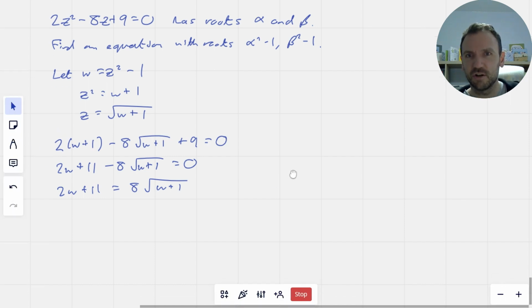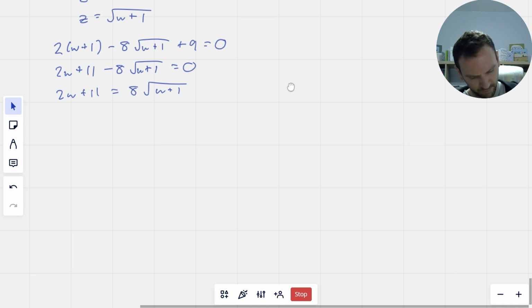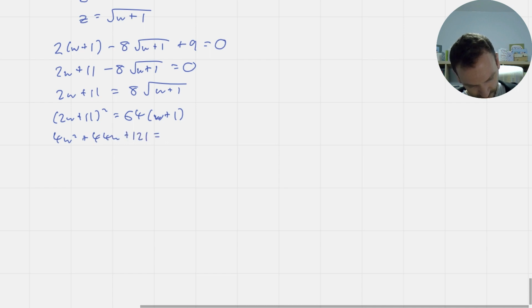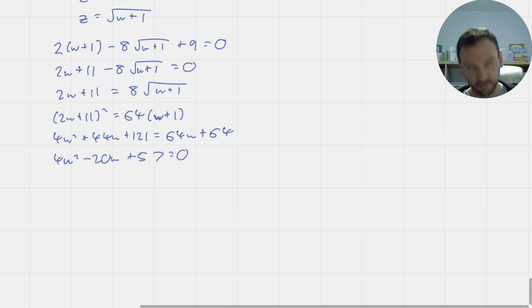But having got it on a side by itself, if we now square both sides, so 2w plus 11 all squared, here we're going to get 8 squared, or 64, times root w plus 1 squared, which is just going to be w plus 1. And we can expand: 4w squared plus 44w plus 121 equals 64w plus 64. And now we just need to rearrange and we'll get 4w squared subtract 20w plus 57 equals 0.